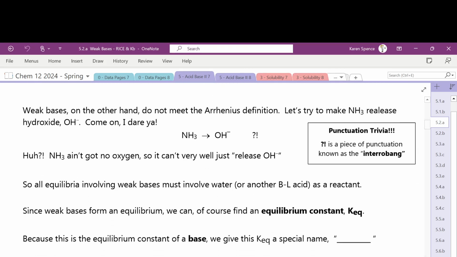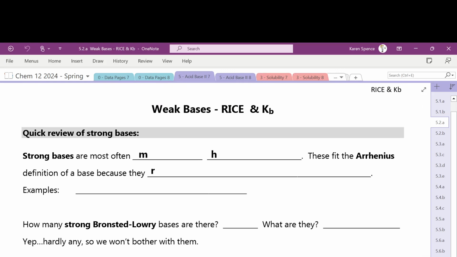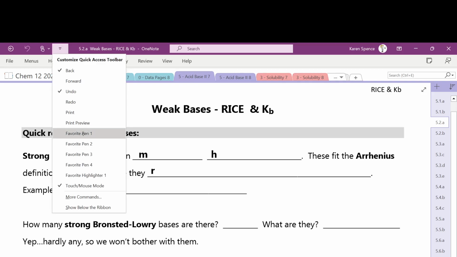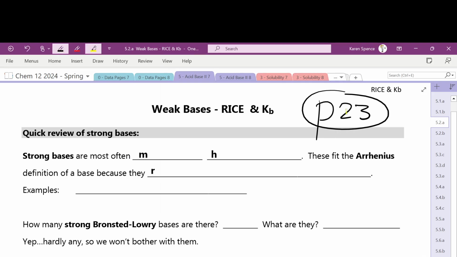So we are right now on page 23. All right. So quick review of strong bases.